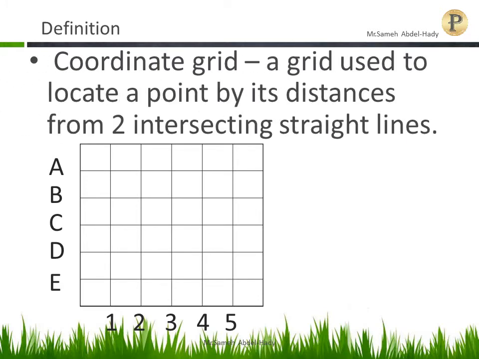The first one is a coordinate grid. The coordinate grid, a grid used to locate points. Locate a point by its distances from two intersecting straight lines.